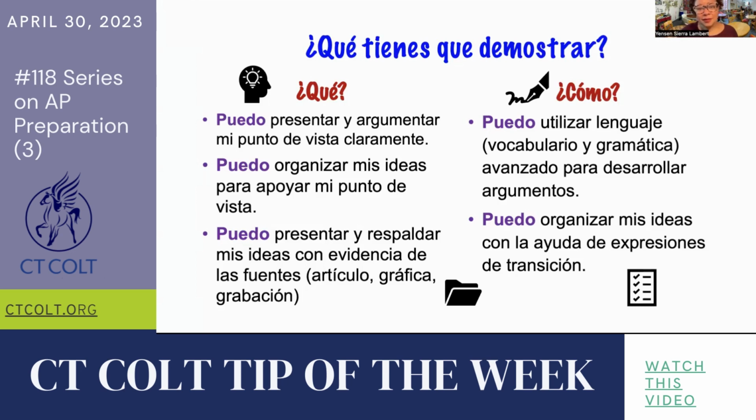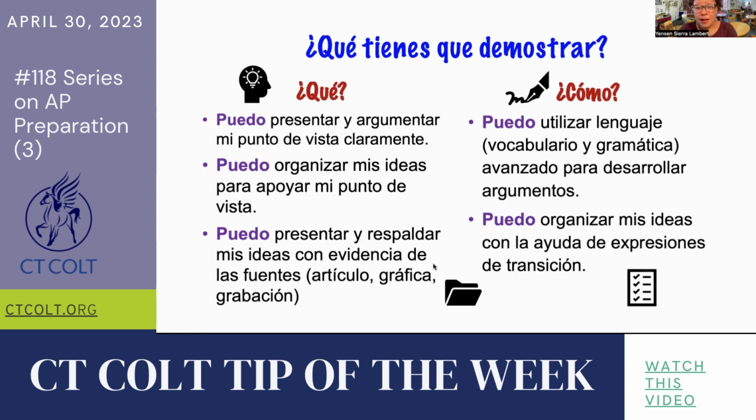However, the way that they get to the 4 or the 5 is the way that they complete the task, through the language that they use, whether it's simple or sophisticated, whether the structures are basic or a little bit more advanced.